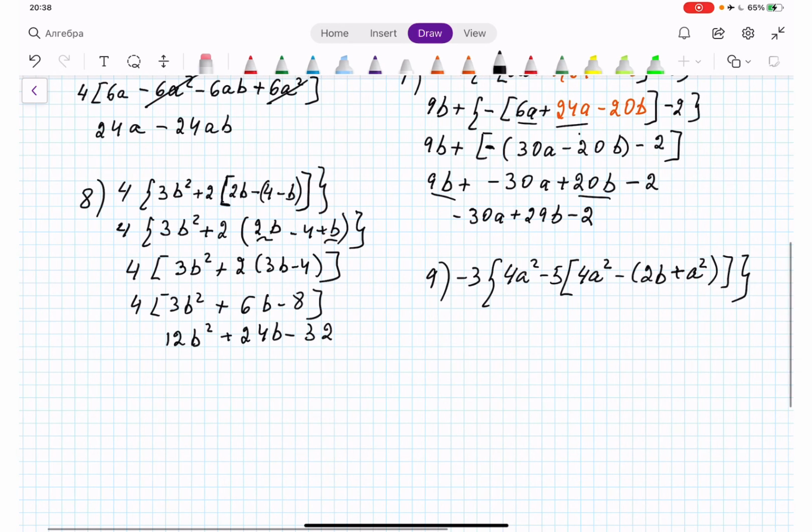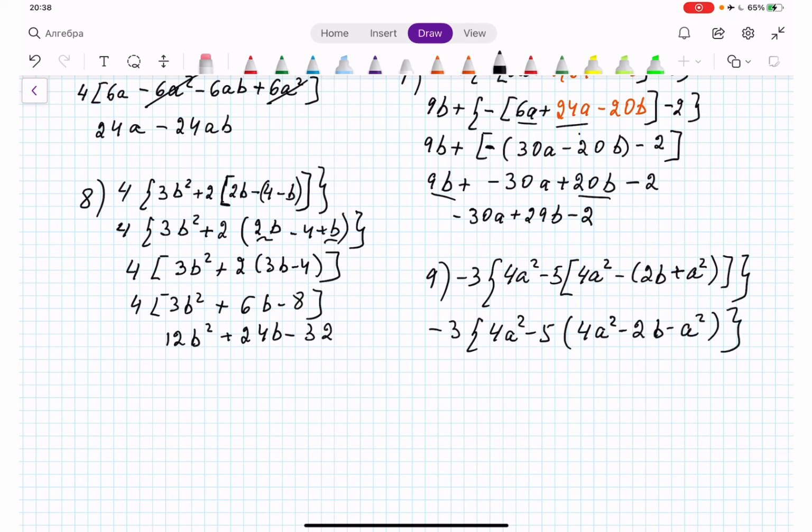Okay, negative 3, 4a squared minus 5. So I'm using parentheses because inside the parentheses I'm going to open 4a squared minus 2b minus a squared.